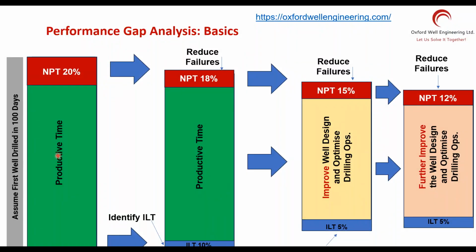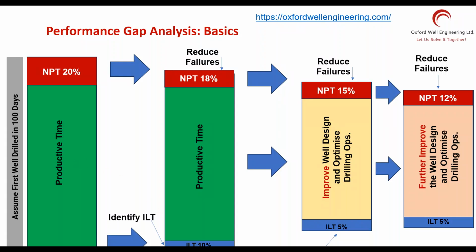20% was my failure. But in reality, this productive time carries invisible lost time. This productive time has hidden inefficiencies. We call it invisible because nobody reports it if you go conventional. If I run data technology on it, I find out which KPIs are lagging and which operations were redundant and should not have been done.